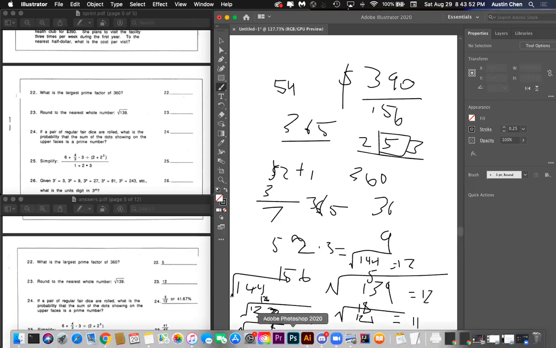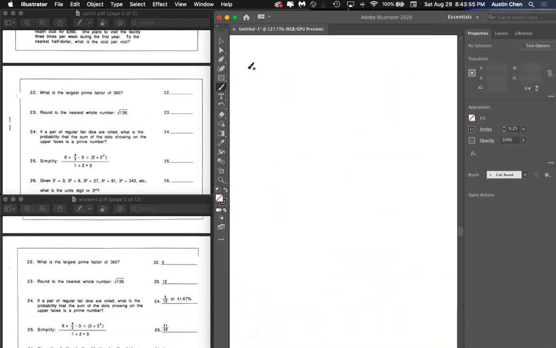Okay, I'm making a new thing. We have 144 here, we have 121 here, and then 11 here and 12 here. So we're gonna take the square root of 132, and we want to approximate it to the nearest whole number. Oh, actually, this is too close for us to do it. Let's use bigger squares.